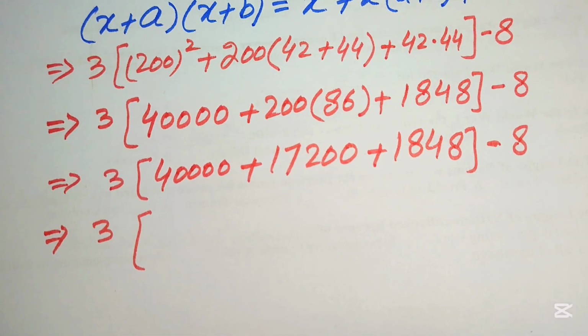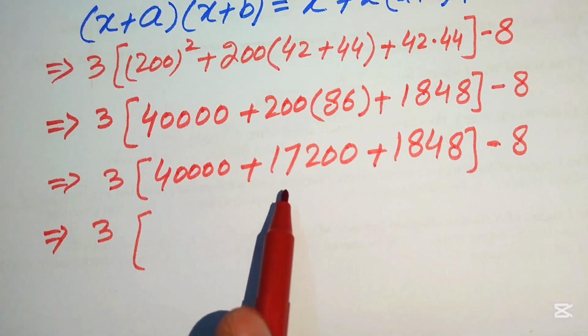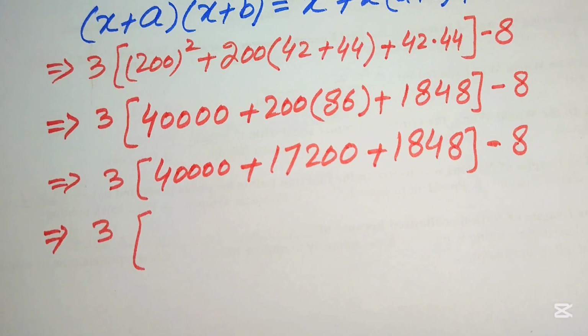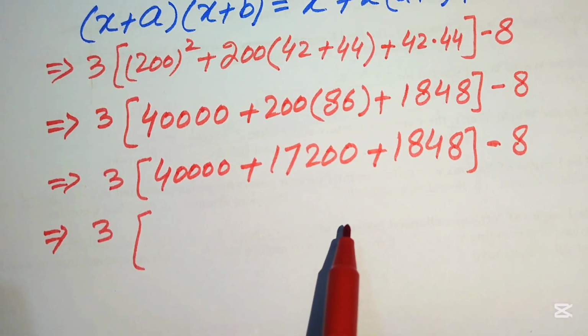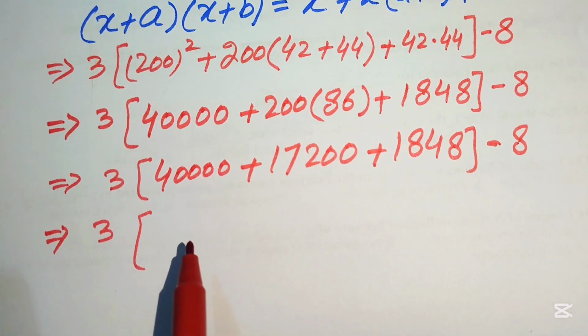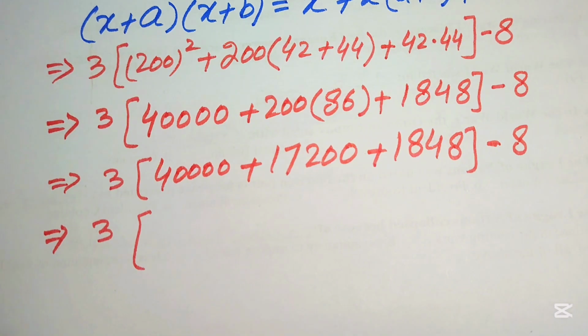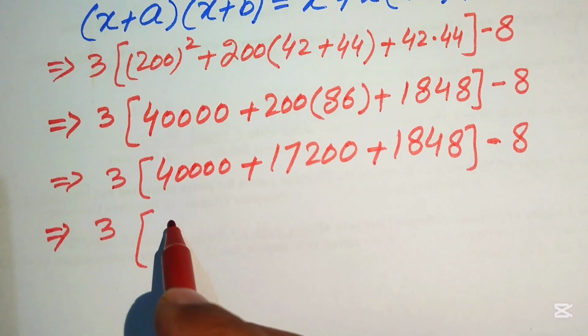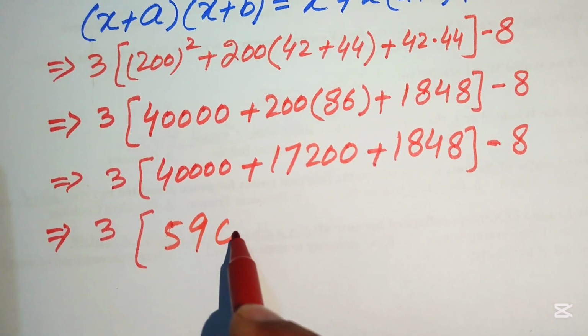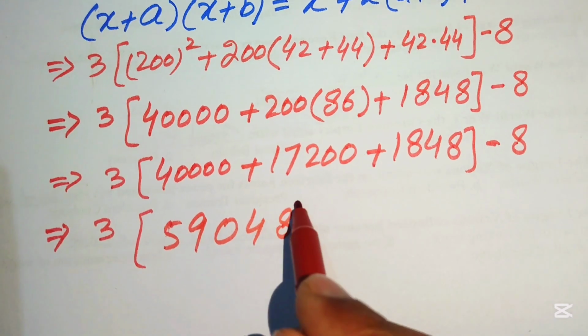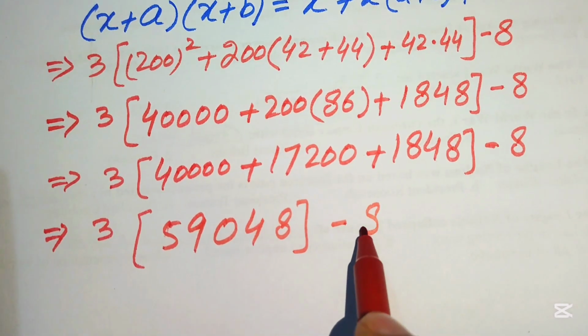Okay, so here we have this is 3 times of now we need to add all of these numbers, so that we have 40,000 and plus this is 17,200 and plus this is 1848. So after adding all of these numbers, we will just get here 59,048 only and minus 8.